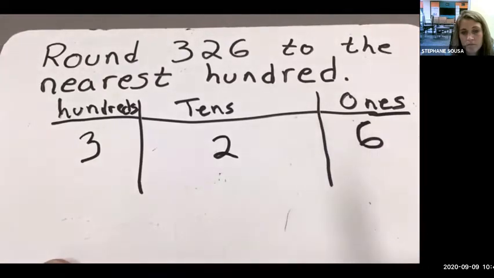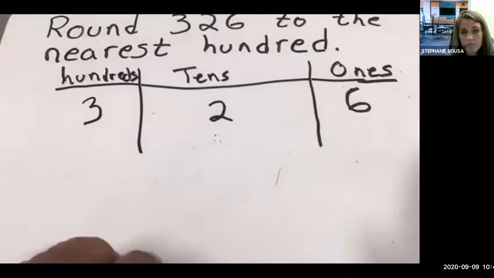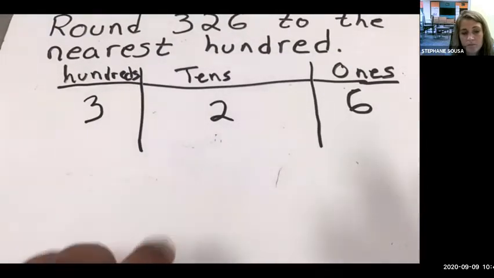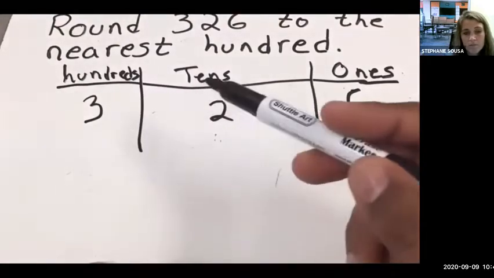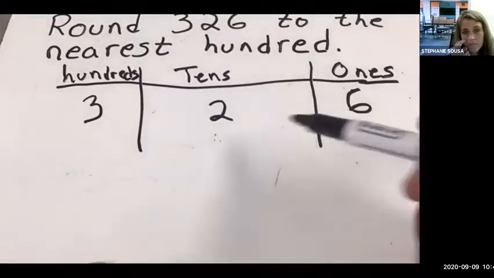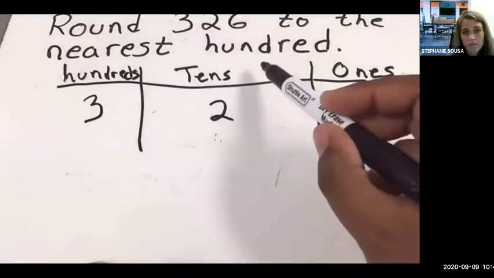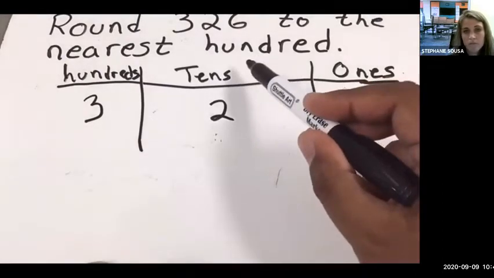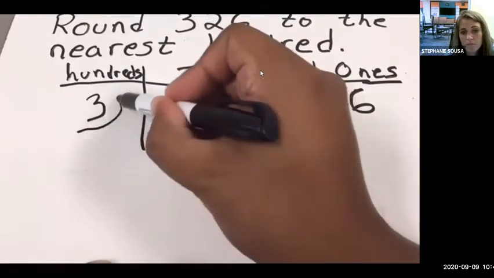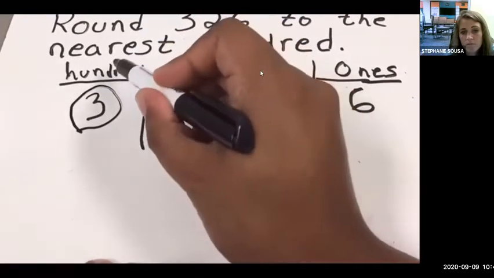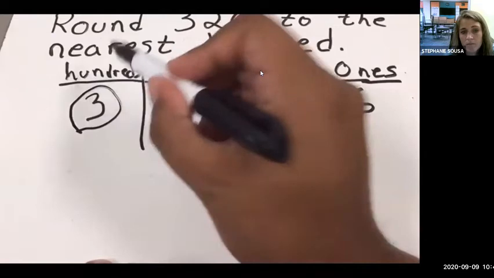After that, it is a good idea to give yourself two decisions to round. Now, before we go into that, let's make sure that we're using the correct digit. Since the problem is asking you to round to the nearest 100, we're going to concentrate right here on the 3 because it's in the hundreds place.